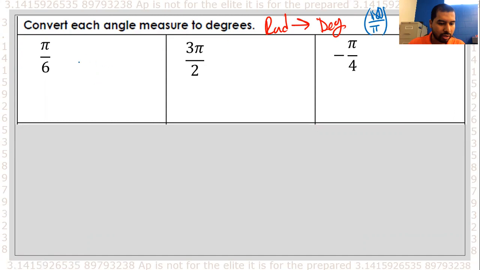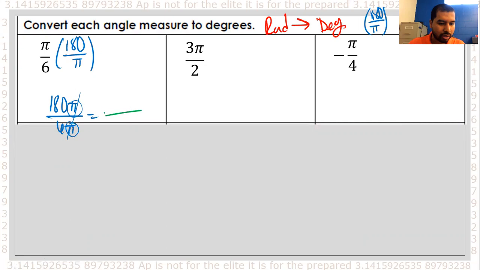Okay, so this right here times 180 over pi. So it should be a little bit easier. We can see that I have 180 pi over 6 pi. And if I simplify, the pi and the pi are like terms, I can divide by pi, they equal 1.